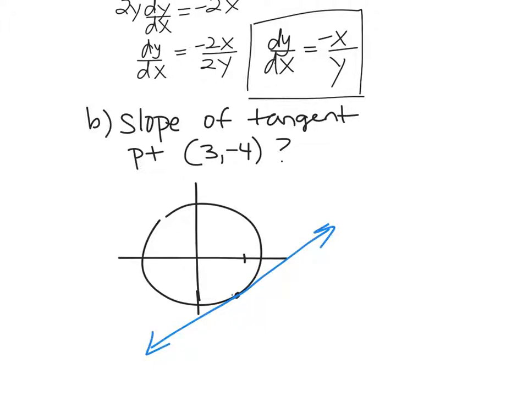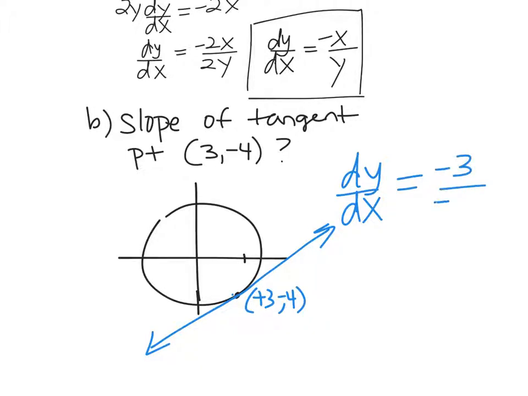The point (3, -4) is on the circle. So you go up to the derivative, dy/dx, and plug in 3 for x and -4 for y, and so the slope of the tangent is 3/4.